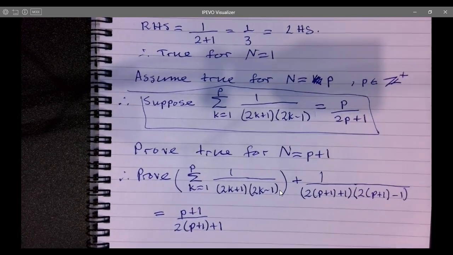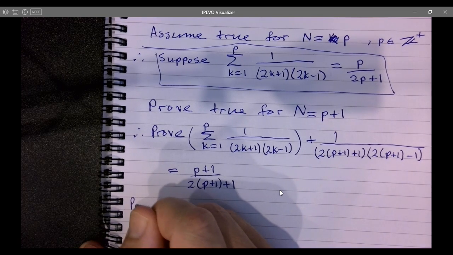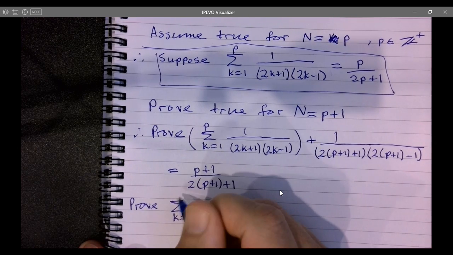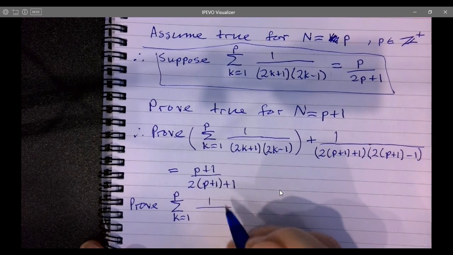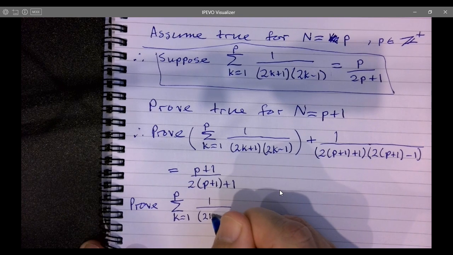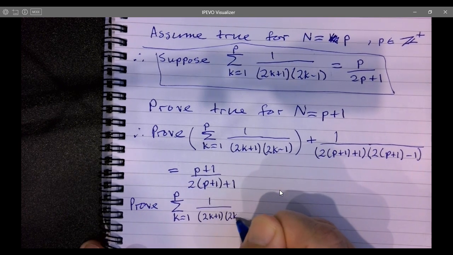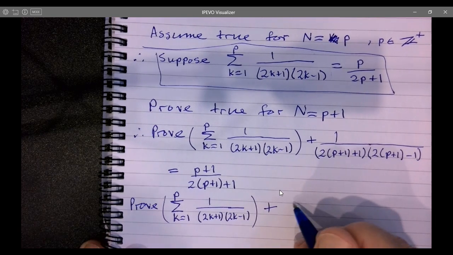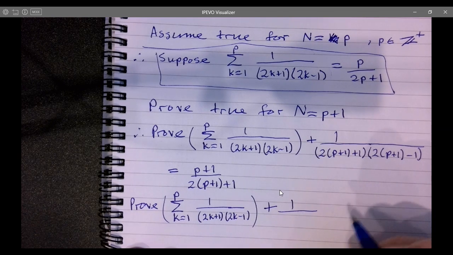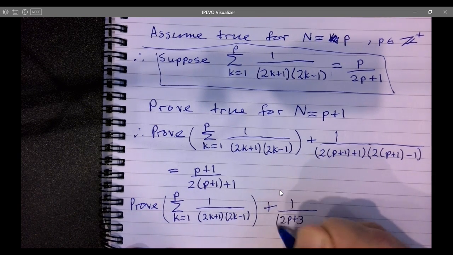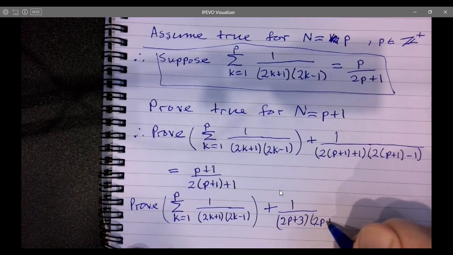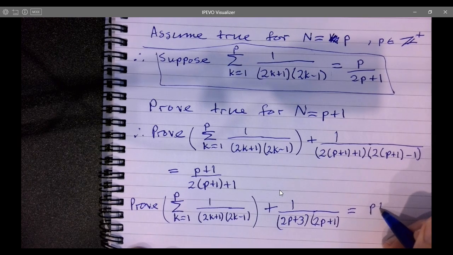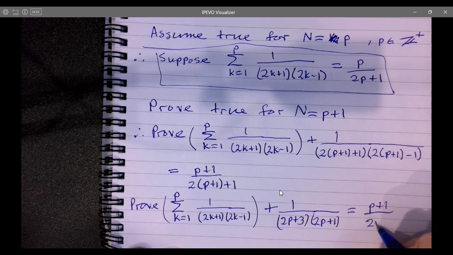Okay, now we can tidy that up a little bit. So we've got to prove that the sum from k equals 1 to p of 1 over (2k plus 1)(2k minus 1), put that in brackets, plus 1 over, now this will be (2p plus 3)(2p plus 1), equal to p plus 1 over 2p plus 3.